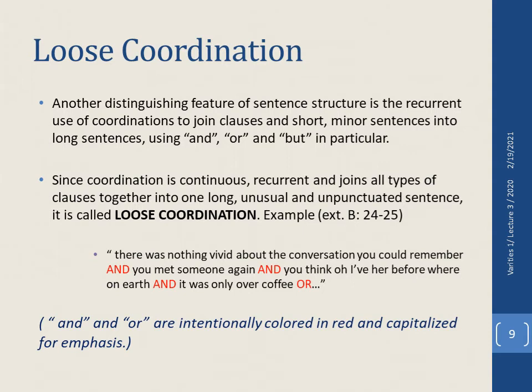There was nothing vivid about the conversation you could remember, and you met someone again, and you think, I've heard before. Where on earth? And it was only coffee, or, and I would still go on and on with this example. So and, or in this example are intentionally colored in red and capitalized for emphasis.